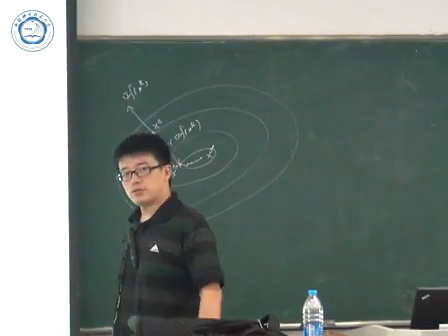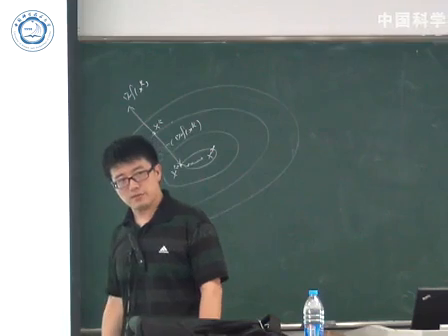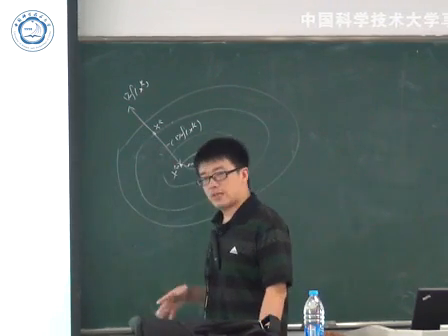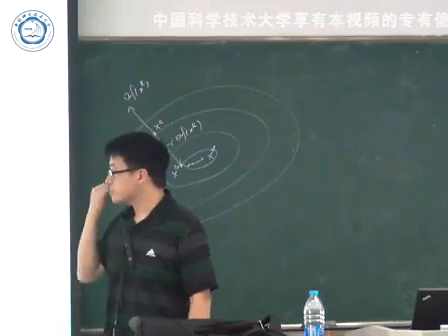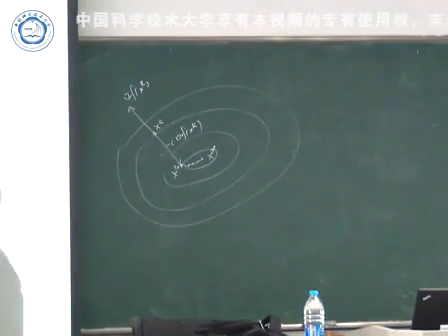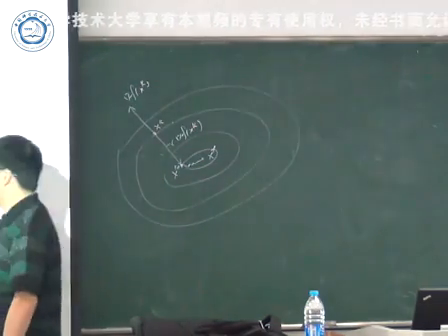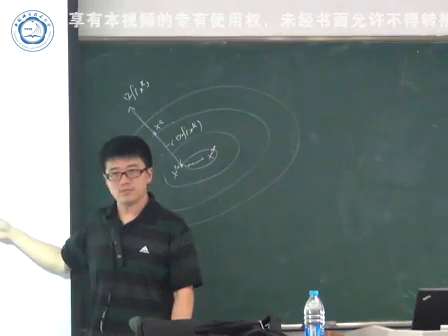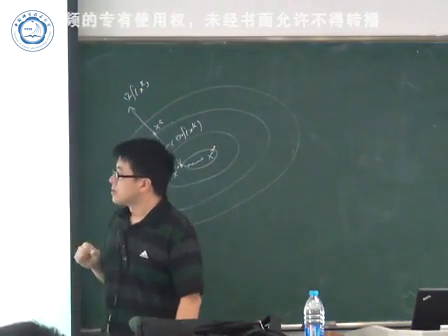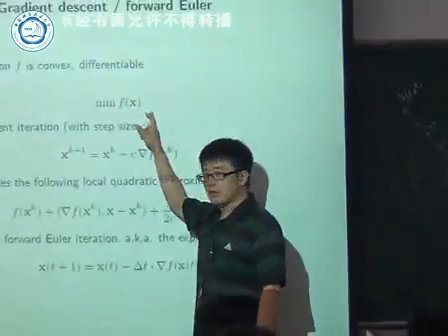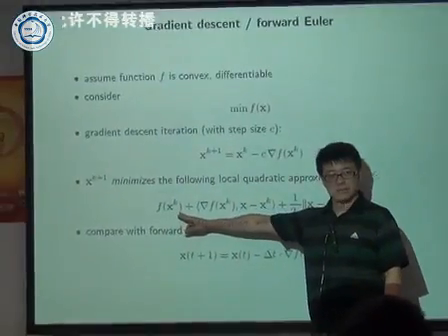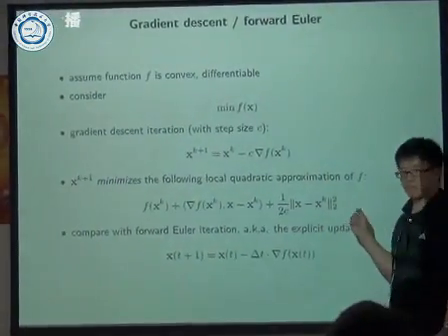There are different interpretations of the gradient method. These interpretations allow you to compare to other methods. Now, this is one of the interpretations. This xk plus 1 is actually the minimizer of this m function. This function is an approximation of the original function at the current point xk, using a quadratic function.